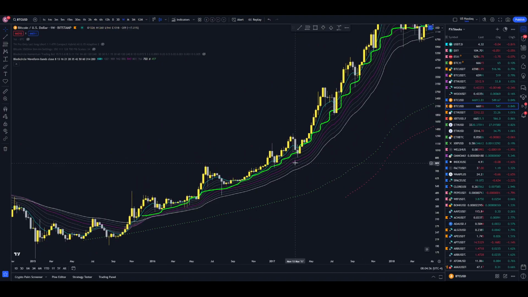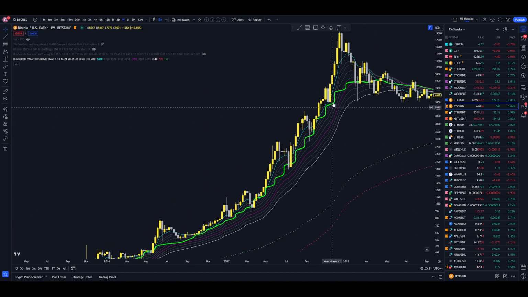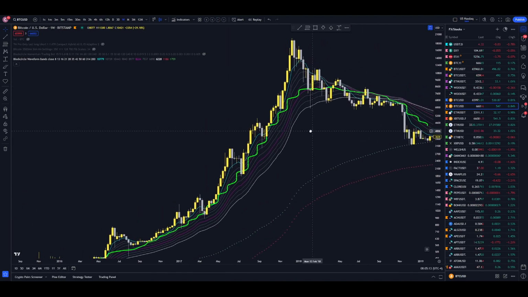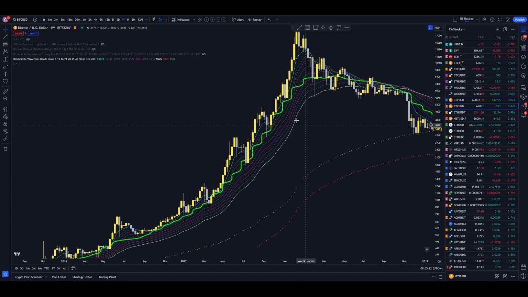This green line I've drawn is roughly outlining the 8 EMA on the monthly. It's not perfect, but you can see that it tends to float somewhere between the bottom of the bands and the middle, depending on the time of the month, of course, where the weekly is. And you can also see that upon losing support of this monthly 8 EMA, we've also lost support of the weekly bands.